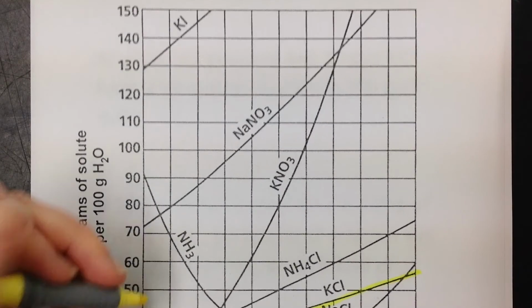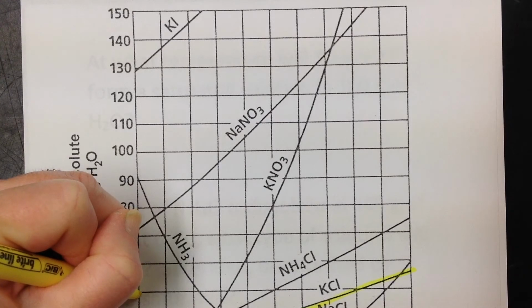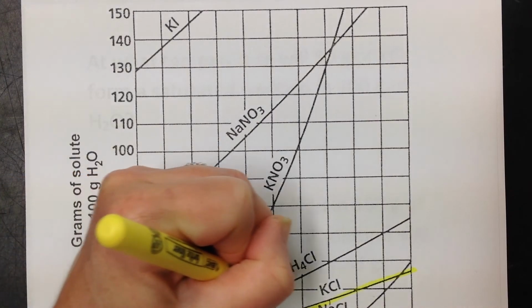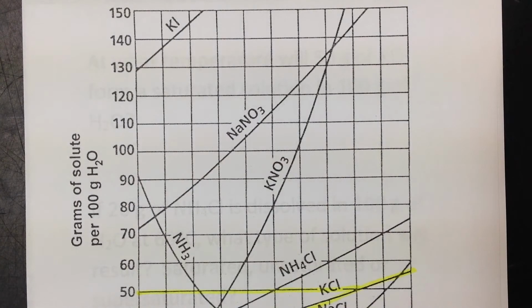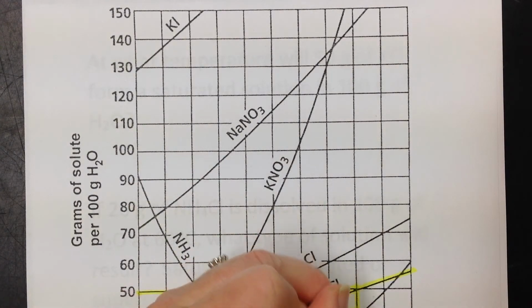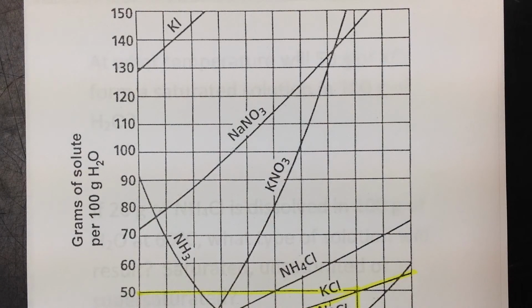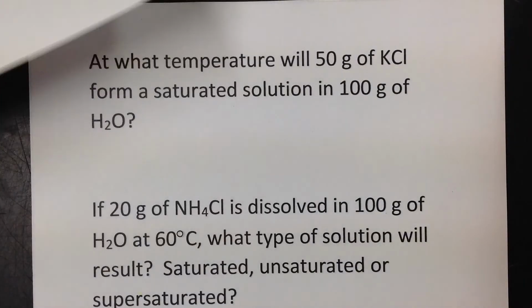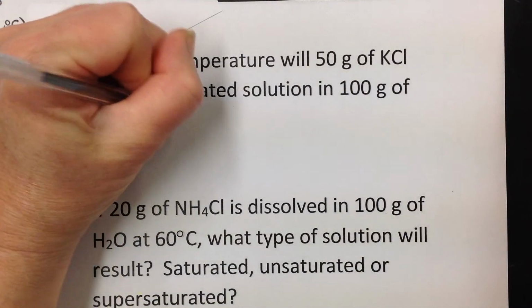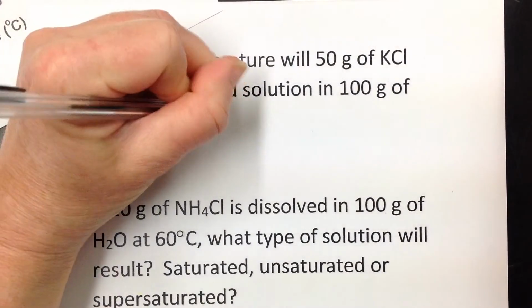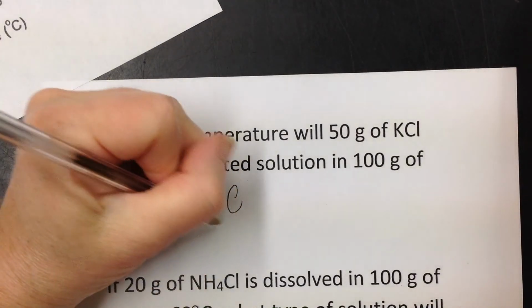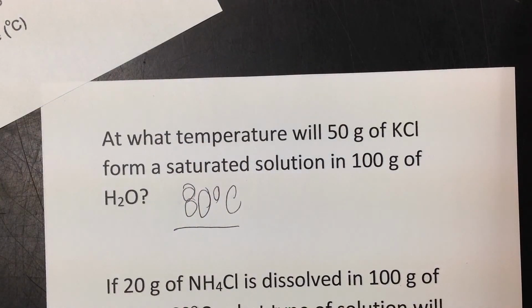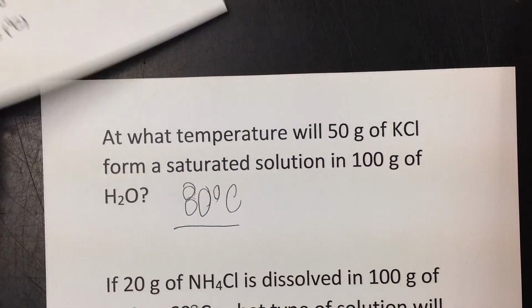So you find 50 grams, and this time you just follow it over to the right to potassium chloride, and where you intersect that curve, you drop it down, and that's going to happen at 80 degrees. So if you really wanted to dissolve 50 grams of potassium chloride in 100 grams of water, and you wanted a perfectly saturated solution, that's going to happen at 80 degrees.